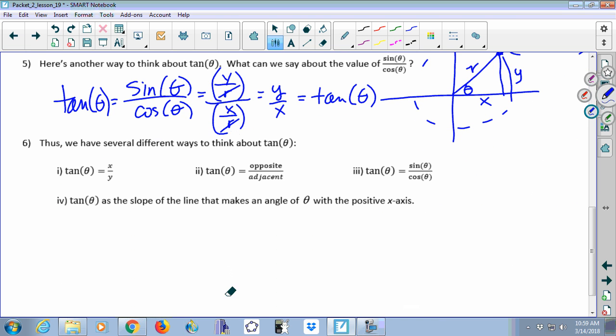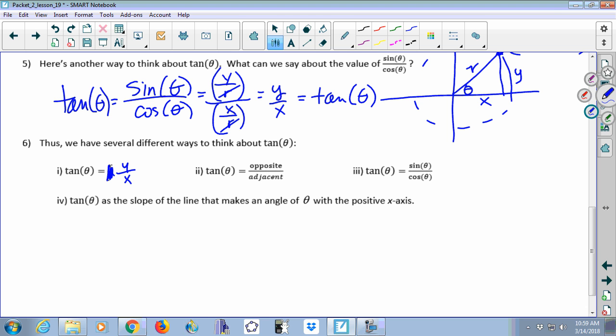All right, so here's all the ways we can think about tangent of theta. Okay, we can think about tangent of theta as, oh, that's definitely backwards, Linda. Sorry. I did this yesterday. I just made a little mistake there. The tangent of theta is y divided by x.